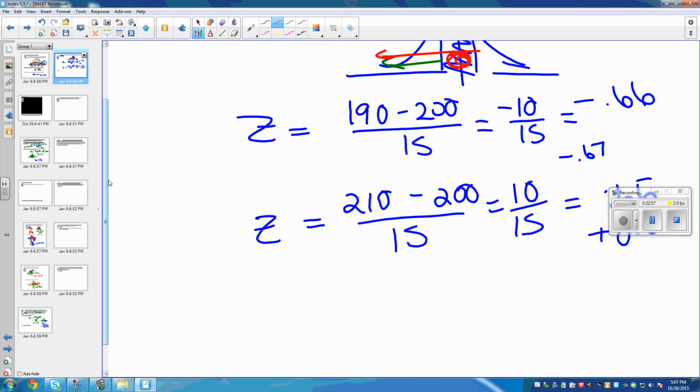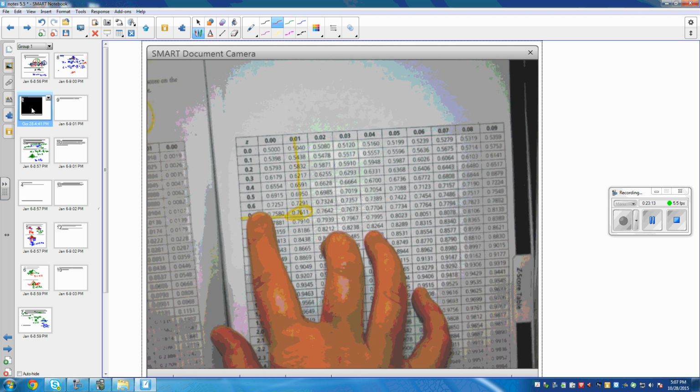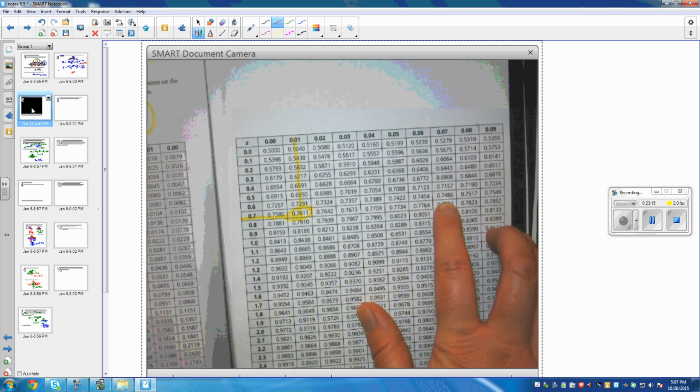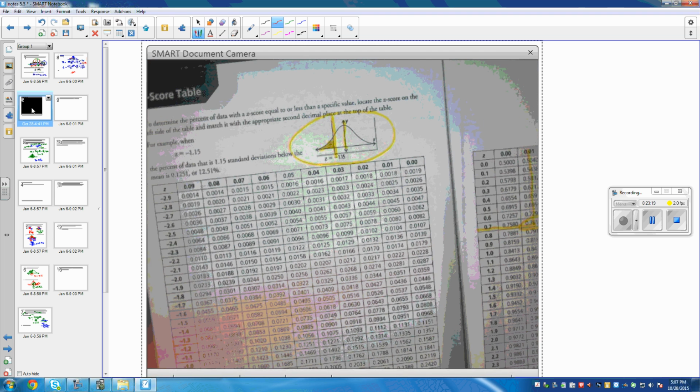And we're going to find the positive 0.67. Positive 0.67 is right here, 0.7486. We've got to subtract them to get the actual percentage.